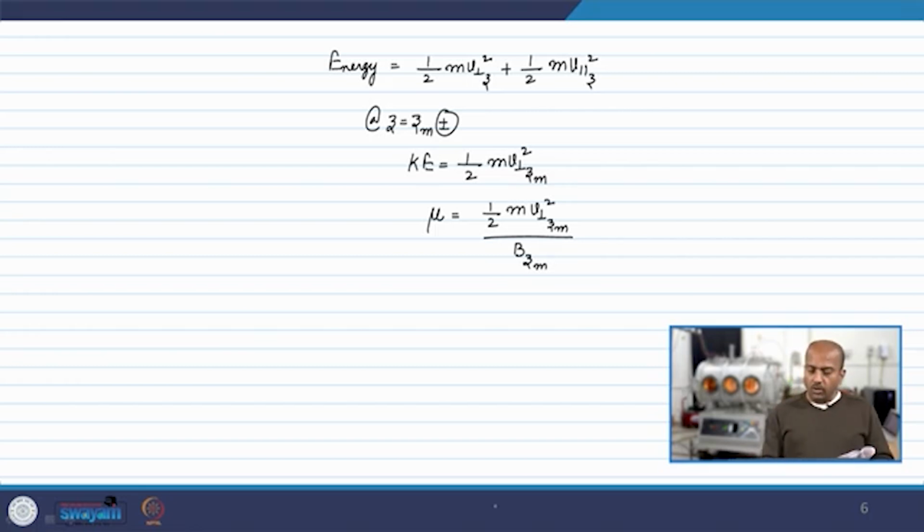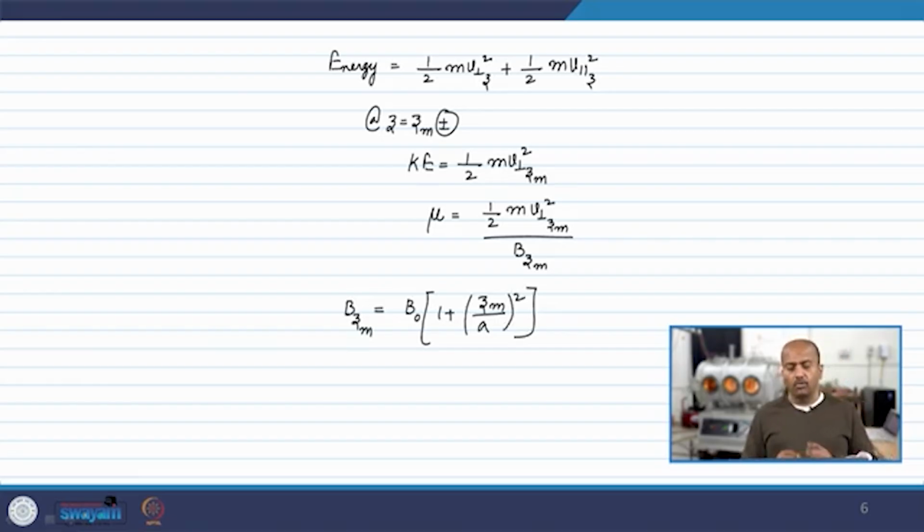Now, what is B Zm? We know what B of z is. So, we will substitute z equals Zm into that expression, then we have the magnitude of the magnetic field at the mirroring point. I hope you are following. I have not done anything other than pulling the basic conservation of energy and writing the magnetic moment at the mirroring point, not anywhere else. So, that is what I have done.